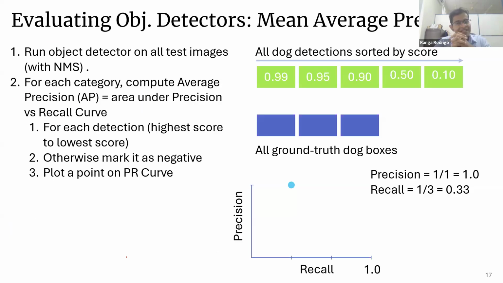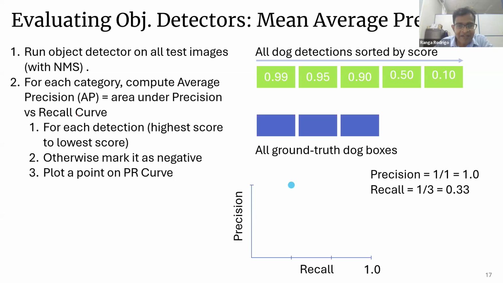Then there is a thing called mean average precision. I will not talk about this too much, but only tell you one step here.